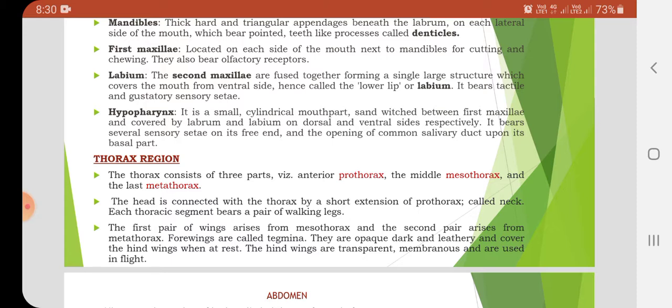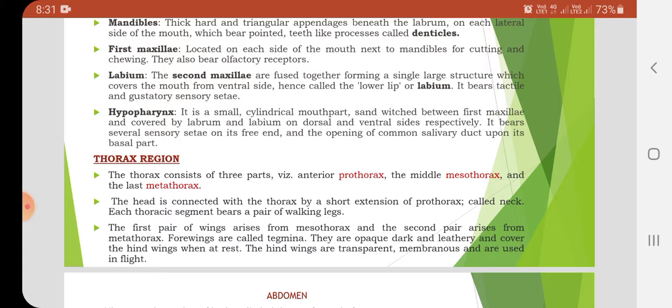The notum of the prothorax is called the pronotum. It is very large and covers the neck. Each of the mesonotum and metanotum bears a pair of wings. Smaller plates, the sternum ventrally, and two lateral sclerites called pleura. Four sclerites of each segment and sclerites of the adjacent segments are joined by thin and flexible arthrodial membranes.